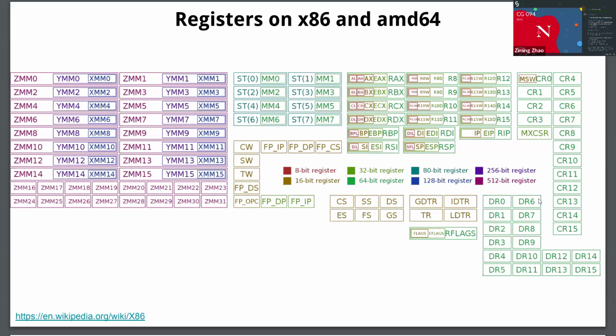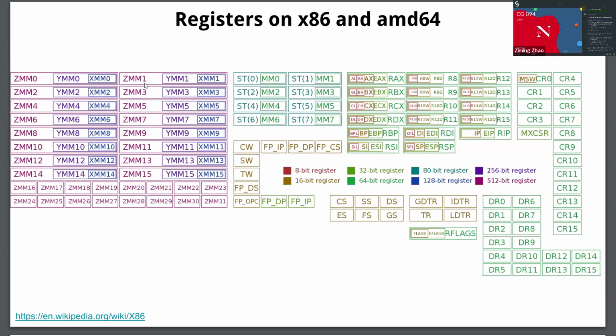Then here we have some debugging registers for debugging purposes. Here we have some system registers. We're not going to use those. We will touch those old registers, CS, SS, a little bit. Then this side, we have some multimedia registers.